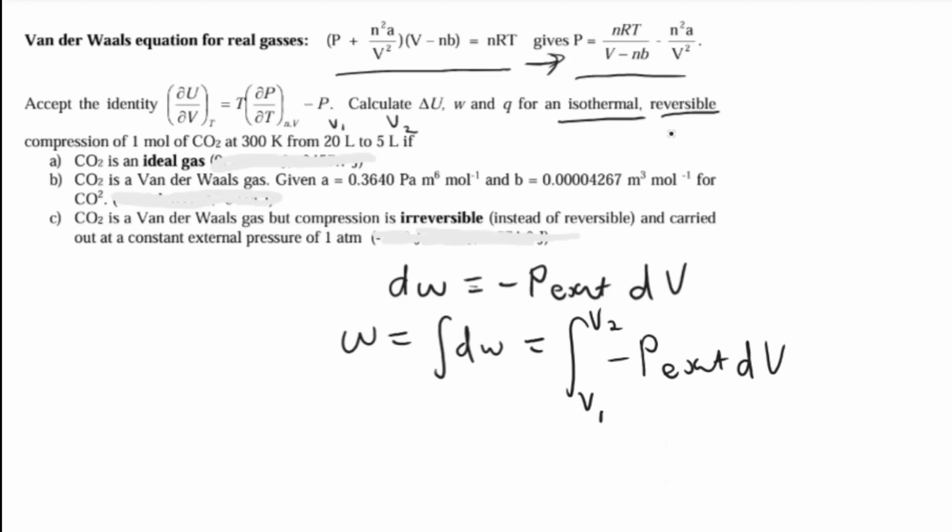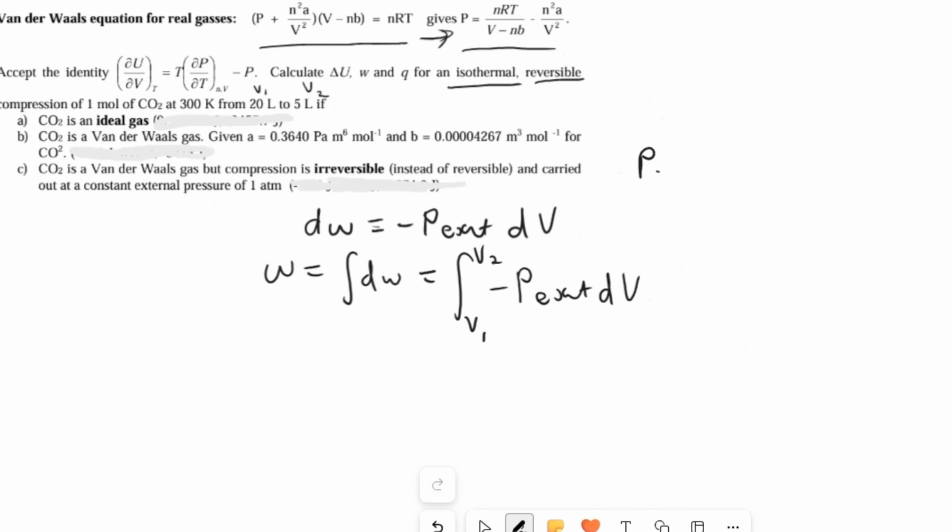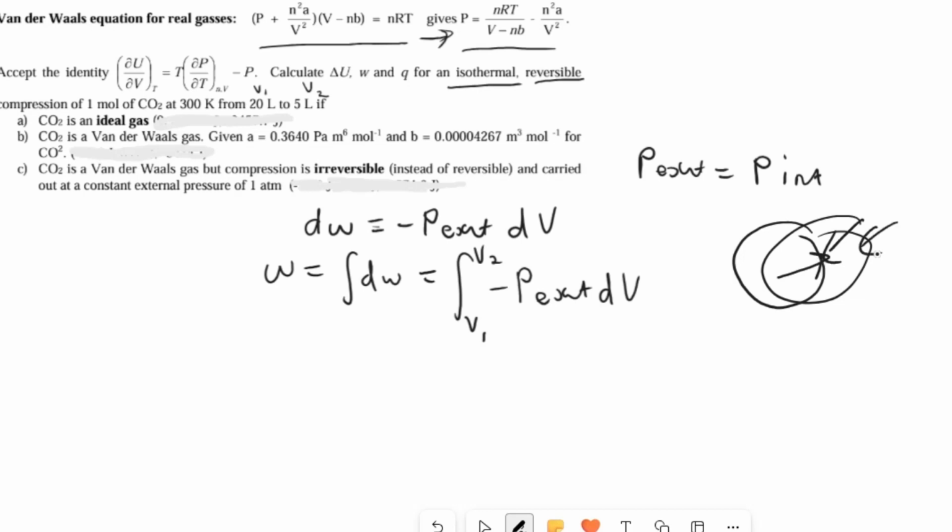Here they said we have a reversible compression. That helps us to say our P external is the same as our P internal. The pressure outside is equal to the pressure inside, because this happens reversibly. These two pressures are at equilibrium, but the gas still compresses so the container becomes small.